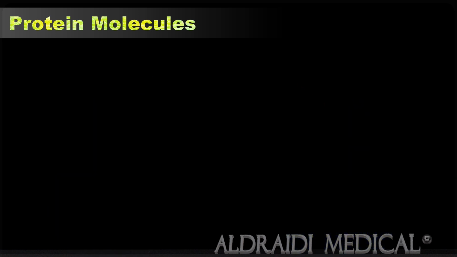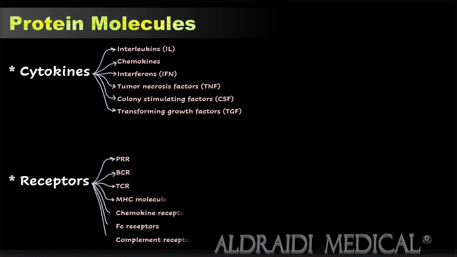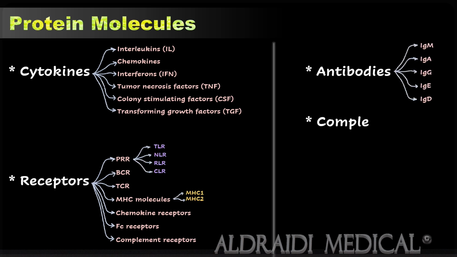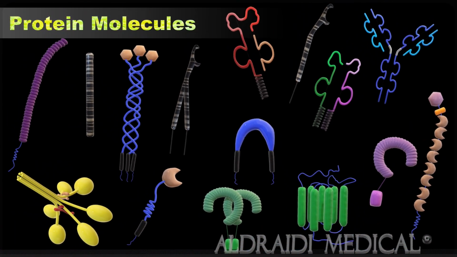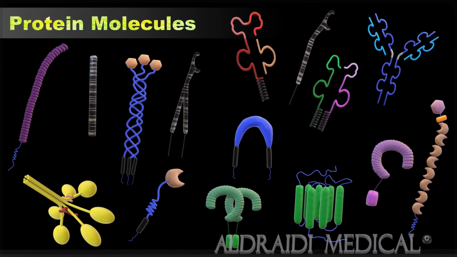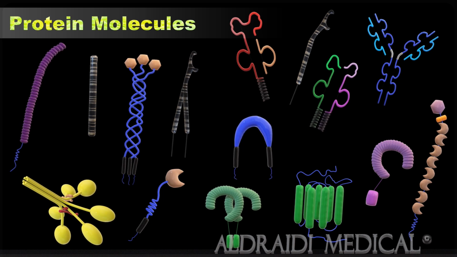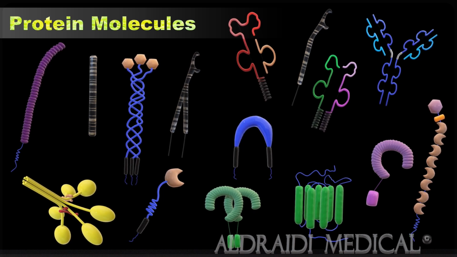So we have lots of protein molecules acting on our immune system, and they are so numerous. We have lots of cytokines, receptors, antibodies, complements, cell adhesion molecules, and cluster of differentiation markers. The take-home message about these protein molecules is that they are essential for mediating communication within the immune system.